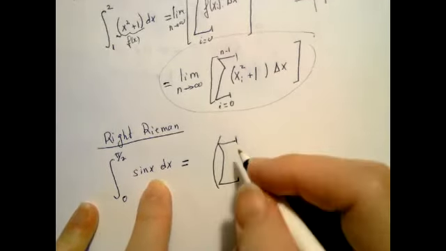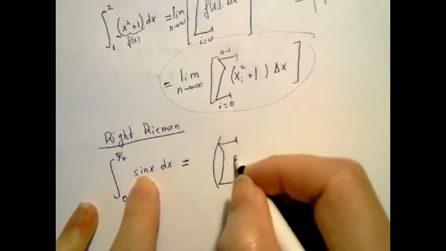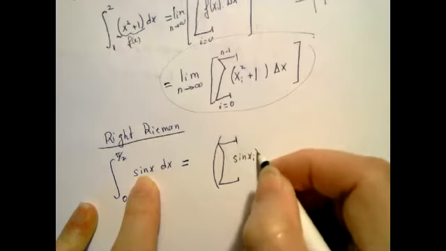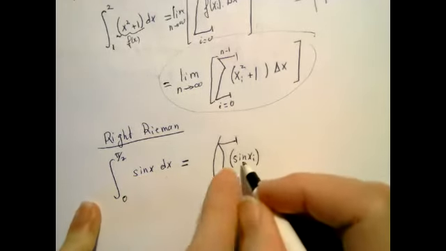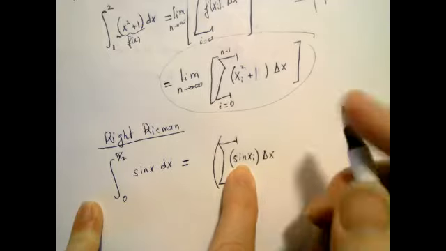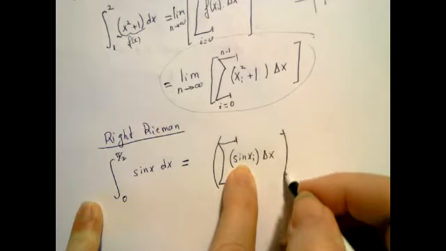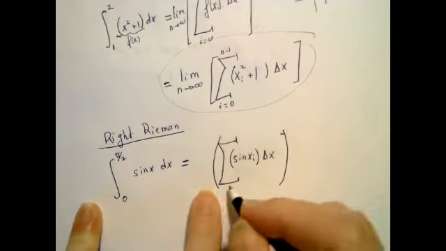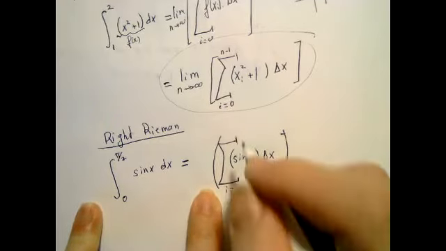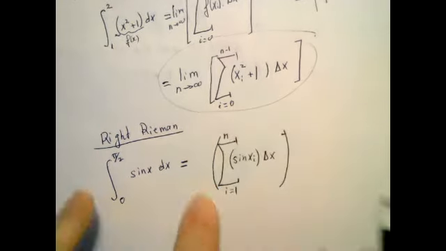I'm going to write it and check yourself. That's the function, but we evaluate it at those endpoints. So that's what I mean by sine xi. It means you evaluate the sine at the endpoint. You multiply them by the little delta x, and then you take the sum. If I want to write it, it means you're taking i from 1 to n. And that's the estimate.